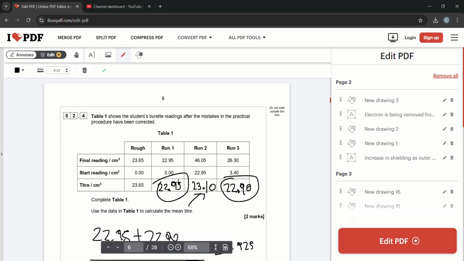So 23.10. The mark scheme can be very strict sometimes. So for these types of questions, make sure you give it to the same decimal places as the other values. All these values are to 2 decimal places, so you also should give this value to 2 decimal places.